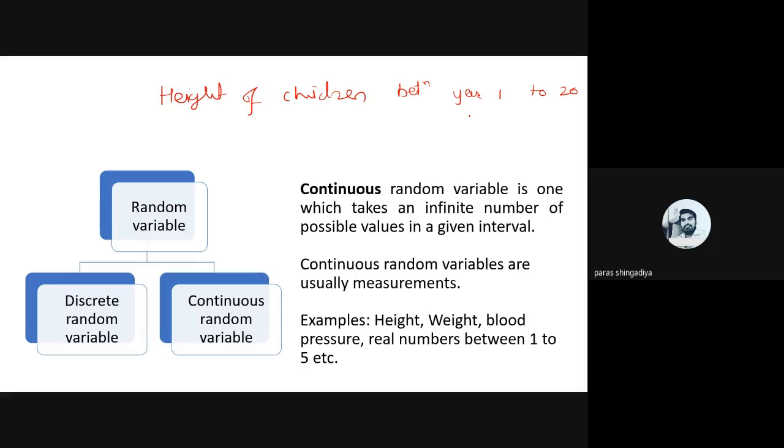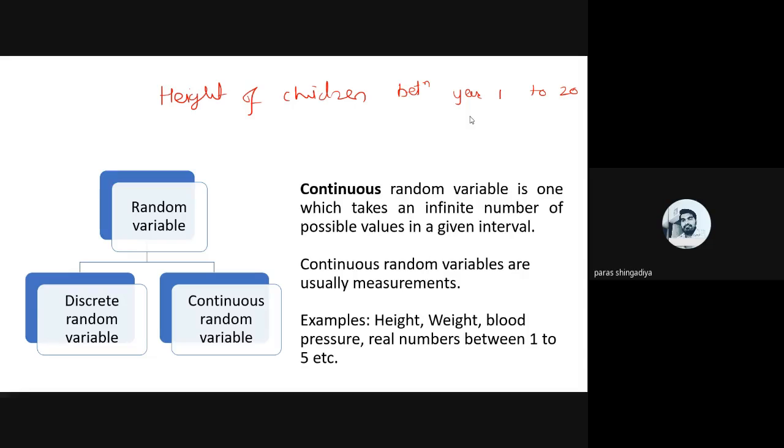It is not measurable at a time, the height of the children between year 1 to 20. It takes any answer after the 20 years there. So that is not fixed. You cannot fix it. Clear? So the height of the children between year 1 to 20 is called a continuous random variable.